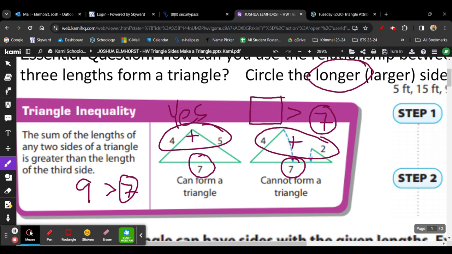So if we add up 4 plus 2, the total length of 6, is 6 long enough to make a triangle with 7? No, so this is an actual math symbol. Put a line through that. That is not greater. 6 is not greater than 7, so this one is a no. It will not form a triangle.